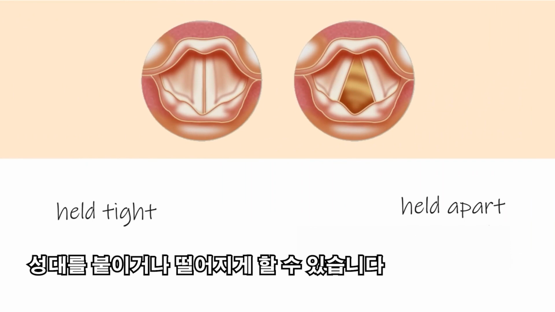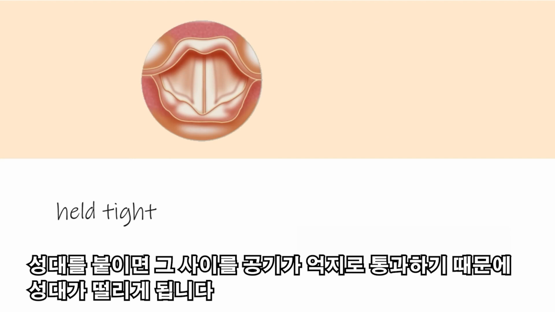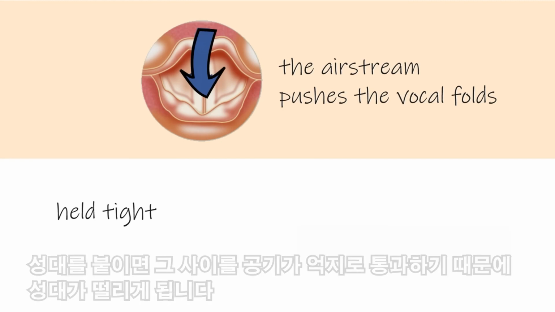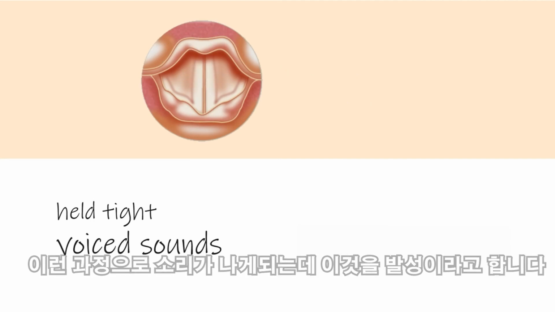You can choose to hold them close together, or you can choose to hold them apart. If you hold them close together, because the air is coming out regardless, it will push its way through the vocal folds, and by doing so, it will vibrate the vocal folds. And this will result in the ultimate sound having a feature which we call voiced.